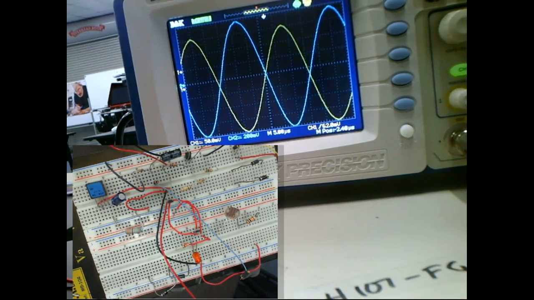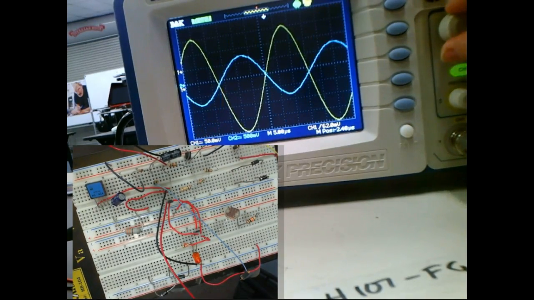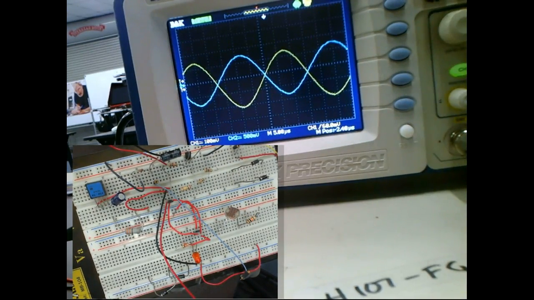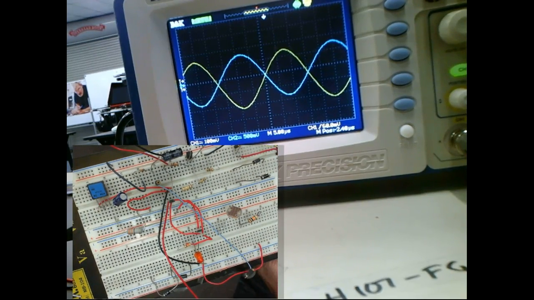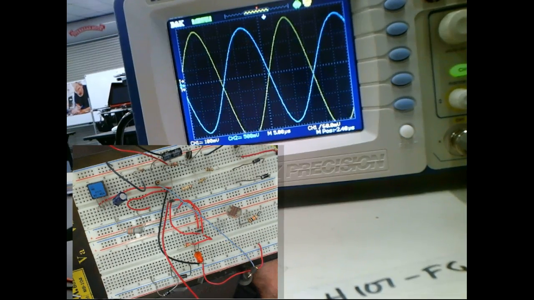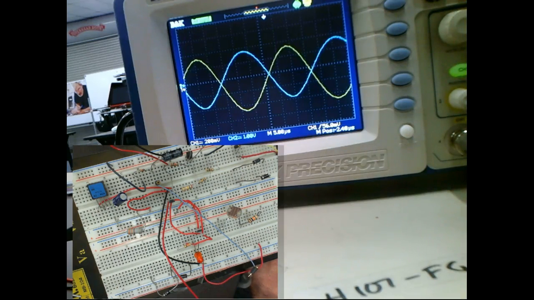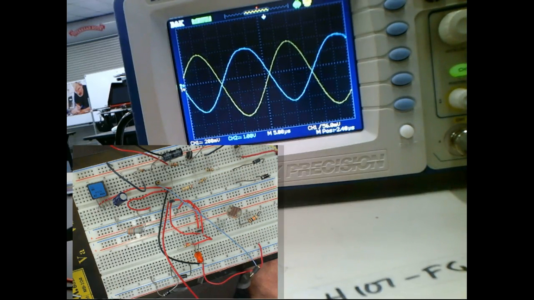Are you okay? Okay, now watch what happens. Let's turn this back down, and what we're going to do is raise the input. Now look what started clipping first. Can y'all see?